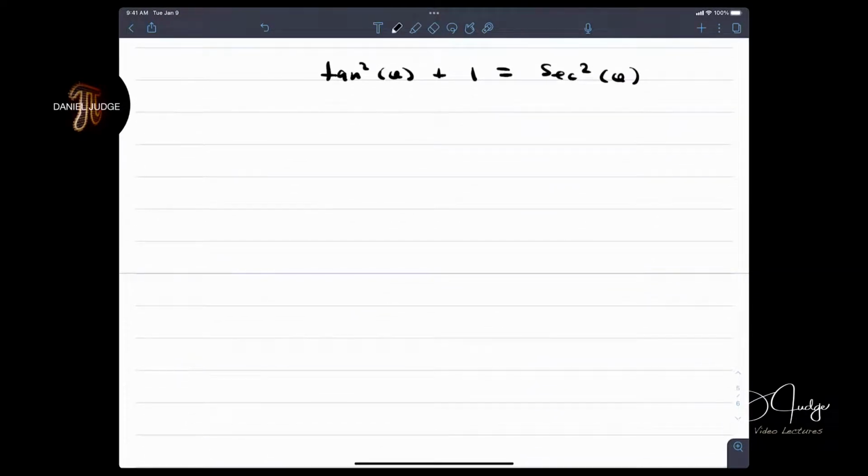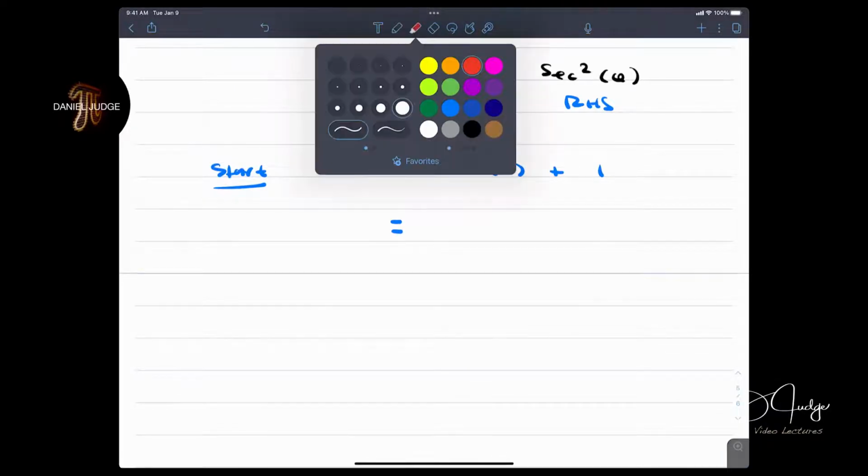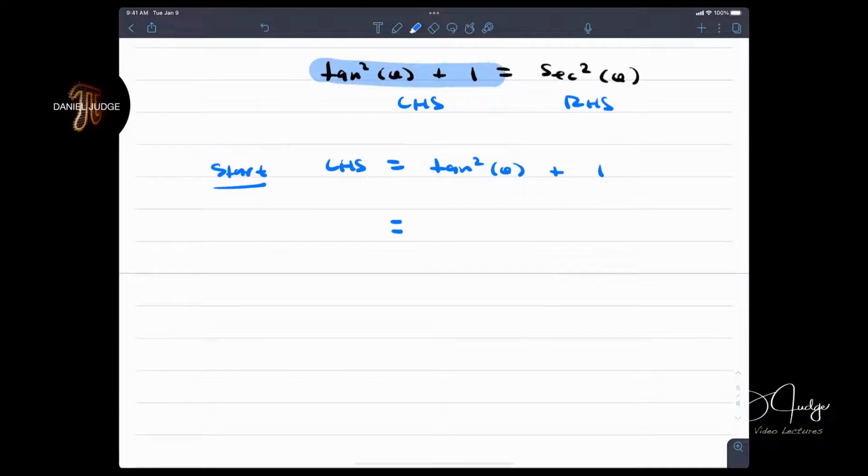This could be done another way. You can still say, left-hand side, right-hand side. Start with the left-hand side, the more complicated side, tangent squared theta plus 1. So this is where you're going to start. Okay? So you're still doing it exactly the same way.